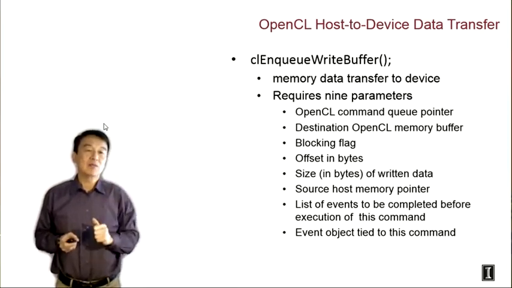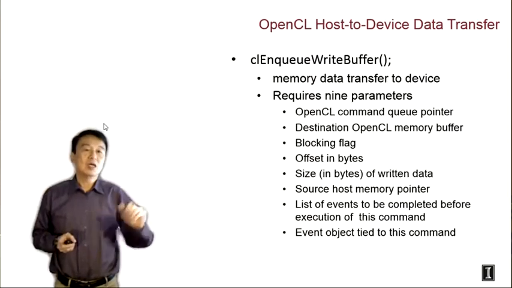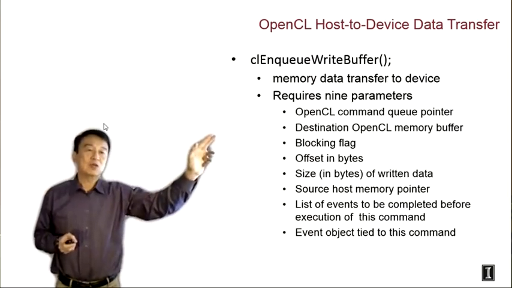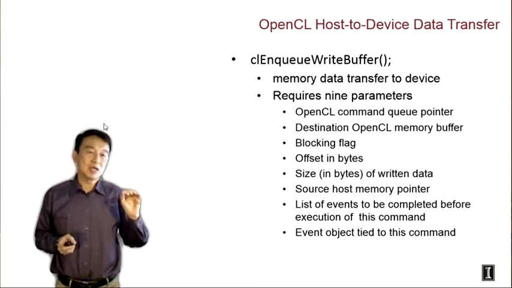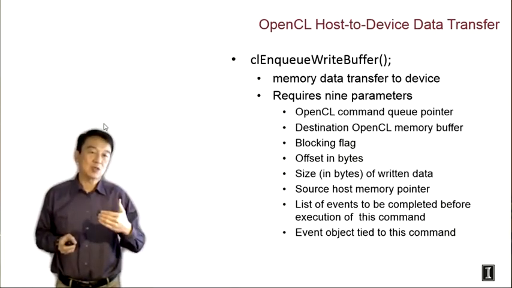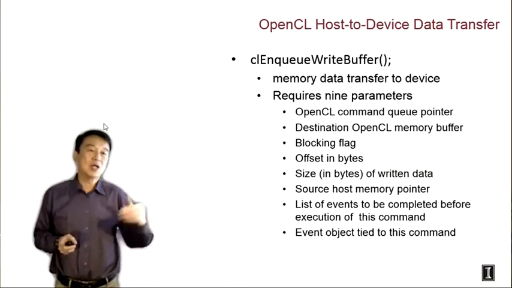This function requires 9 parameters. The first one is the OpenCL command queue pointer, and you have already seen in the previous lecture how we declare the command queue pointer and how we created the command queue with the API function that returns the command queue pointer value.